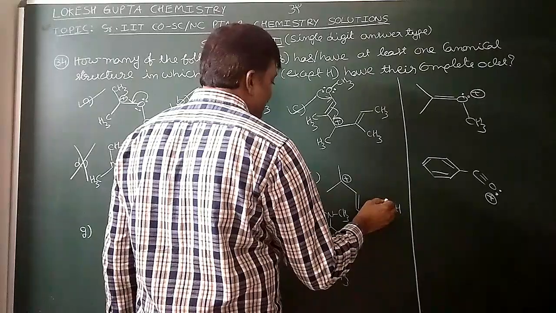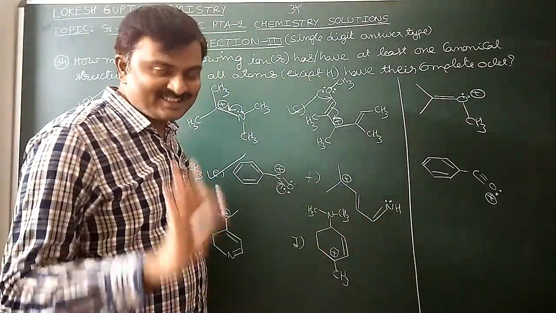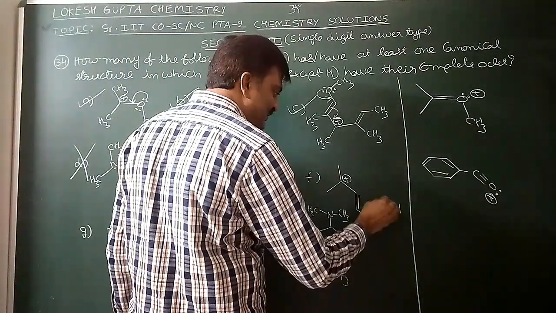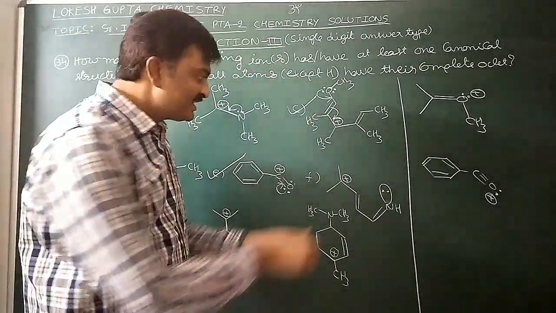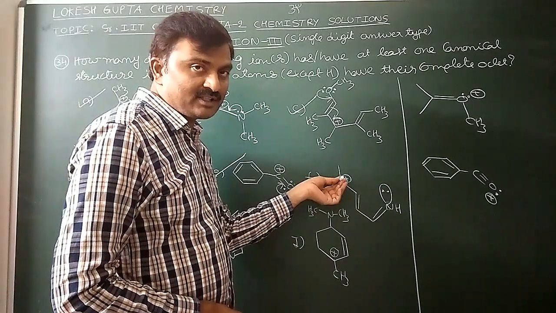Now here you will make a mistake. So here lone pair is there, conjugation is there. See, now this nitrogen, sp2 nitrogen, this lone pair is in the molecular plane. This empty 2p orbital is in the plane perpendicular to the molecular plane.